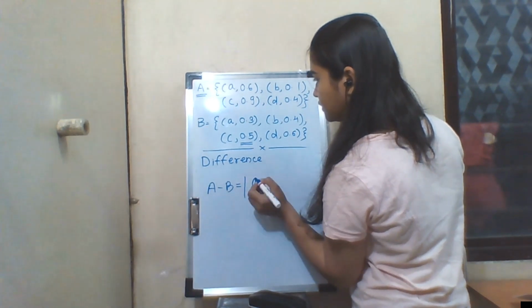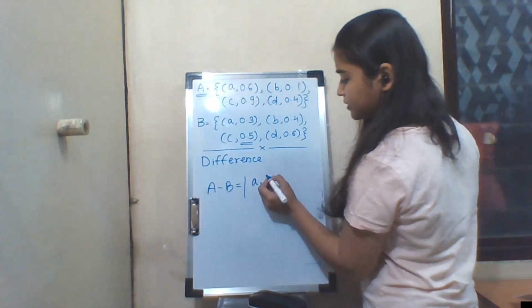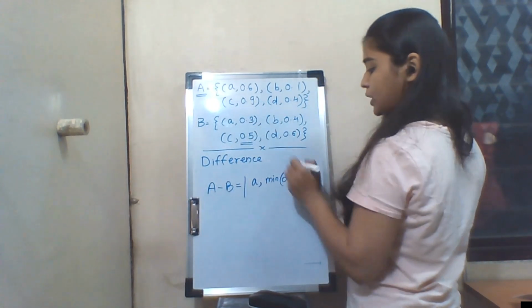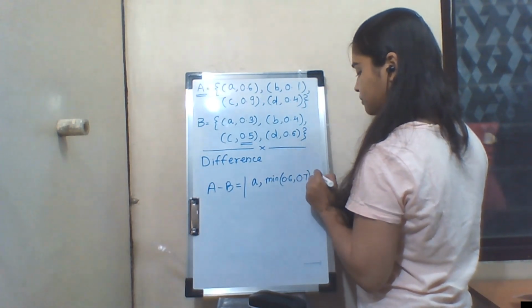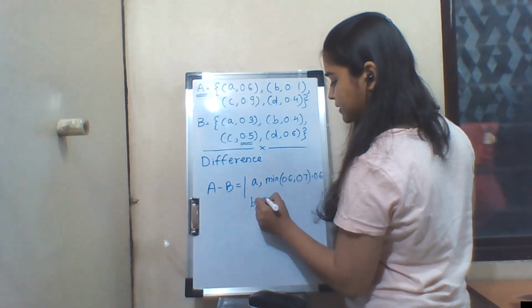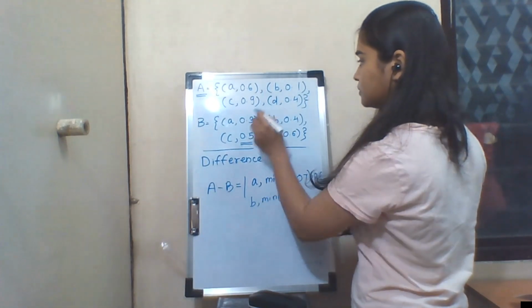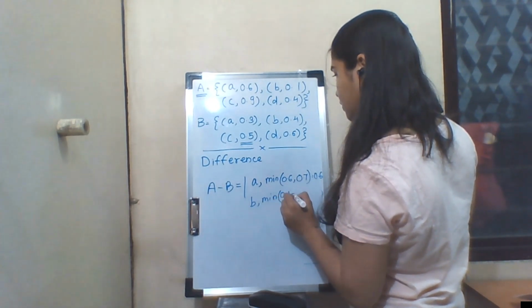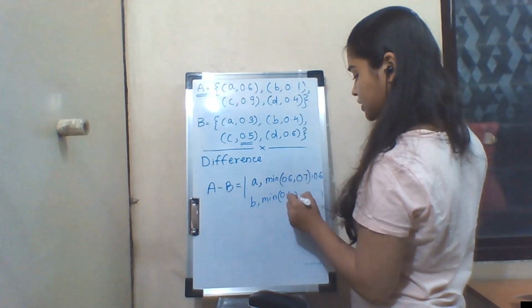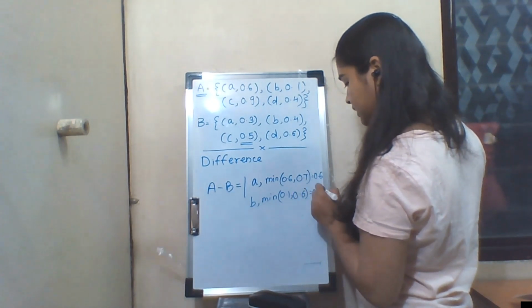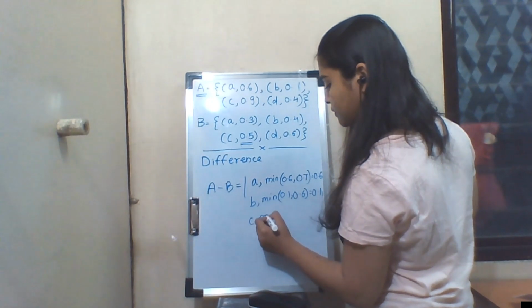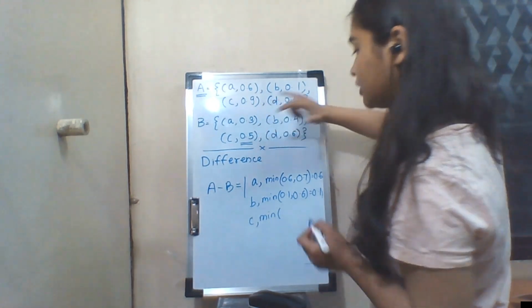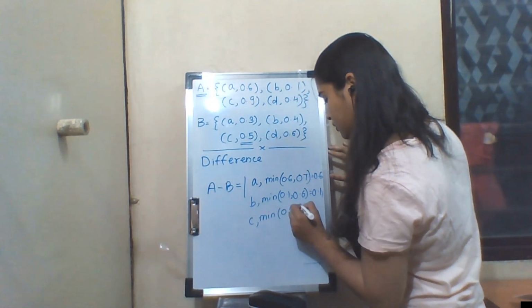A minus B, for element A, we take the minimum of 0.6, comma 1 minus 0.3, which is 0.7. We take 0.6. For B, we take the minimum of 0.1 and 1 minus 0.4, which is 0.6. We get 0.1. For C, we take the minimum of 0.9 and 0.5, which is 0.5.